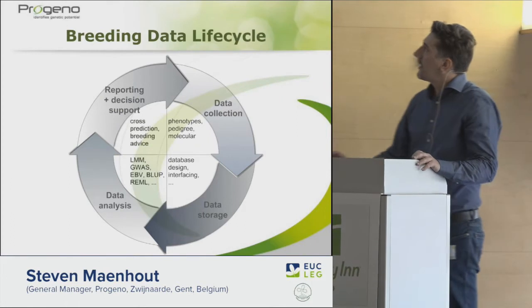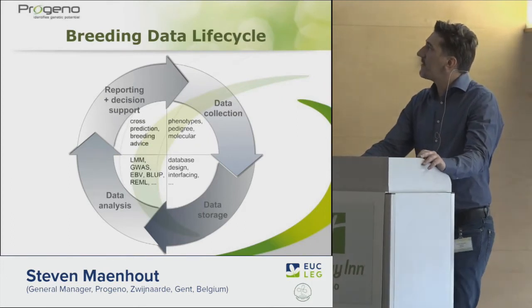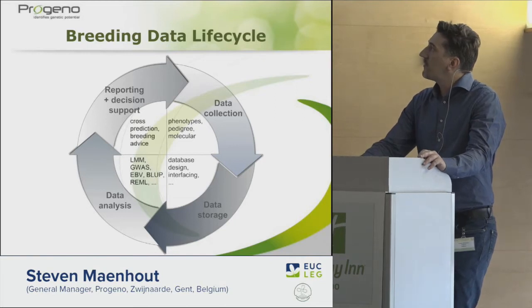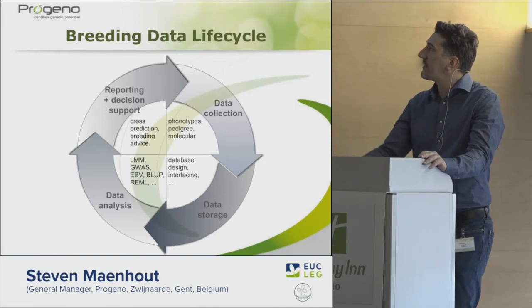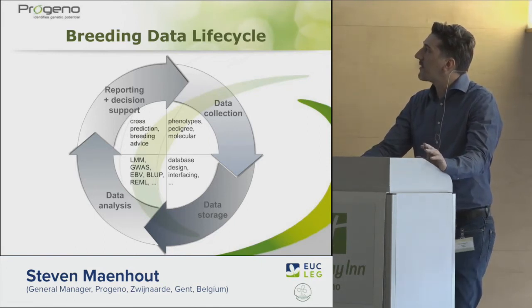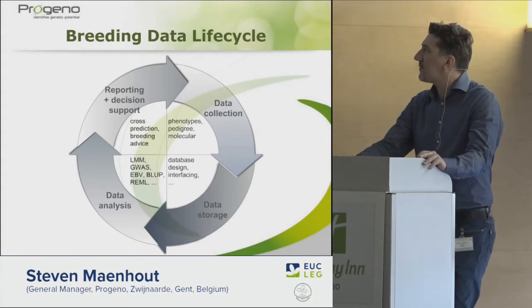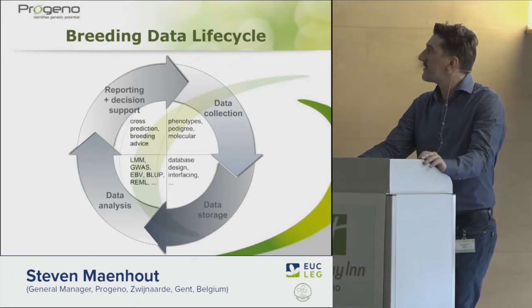Now, if we look at breeding data, what I'll call the breeding data life cycle, most breeding companies and breeding institutes will work with a phase where they collect data. I call it here phenotypes, pedigree information, molecular data. We'll go on to storing this data somewhere. I've put a database here, but it could equally be just Excel files.